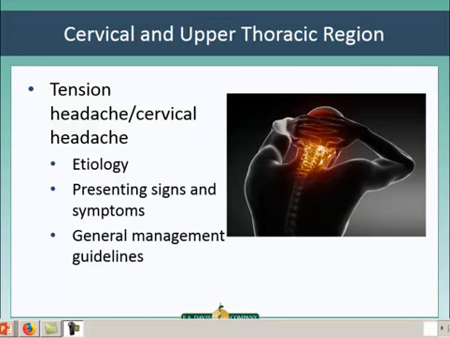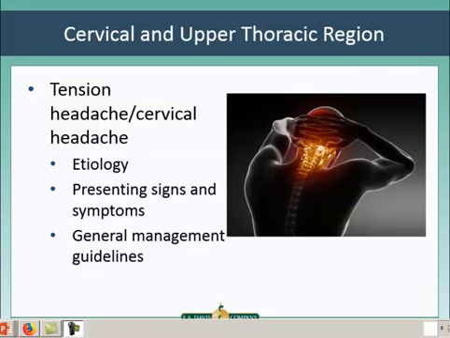All right, so how do we treat these tension and cervical headaches? Postural correction is one of the big things that we need to do. We need to make sure that their ligaments, bones, and muscles are not put under a significant amount of stress. Also, what you would do for postural impairments, such as strengthen the weakened muscle and stretch the tight muscle, is very important related to cervical headaches.